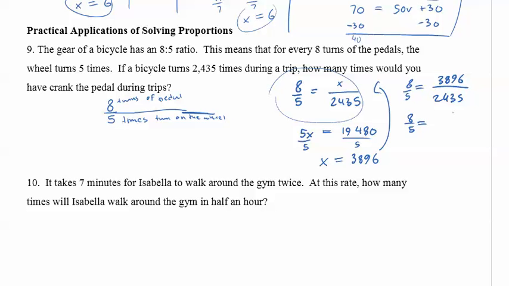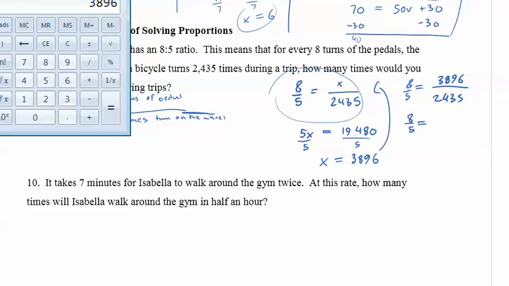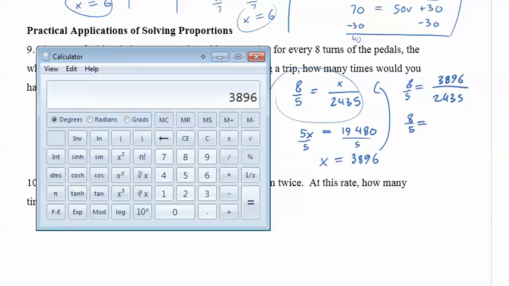Okay, this is a pretty big thing to simplify. Well, a good way to do it, if you don't want to simplify it via fractions and reducing, is to just make sure that 8/5 does equal that.